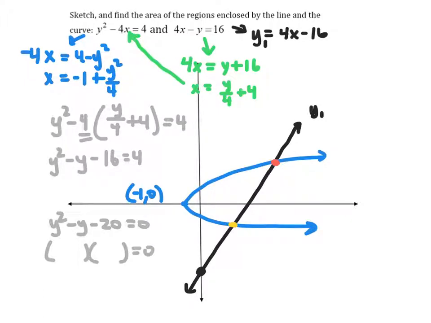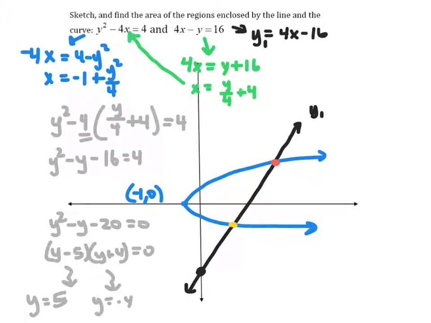This is going to find my y values where these two functions intersect. So this will be y minus 5 and y plus 4. That means I get two values for y. I get a positive 5 and I get a negative 4.